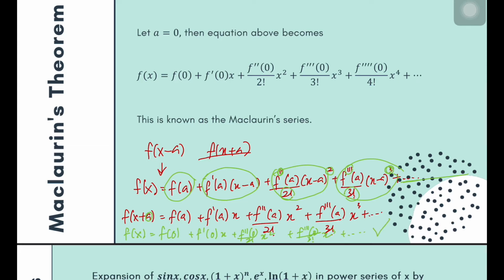This one is called Maclaurin's theorem, where the Maclaurin theorem is when the value of a is equal to 0.